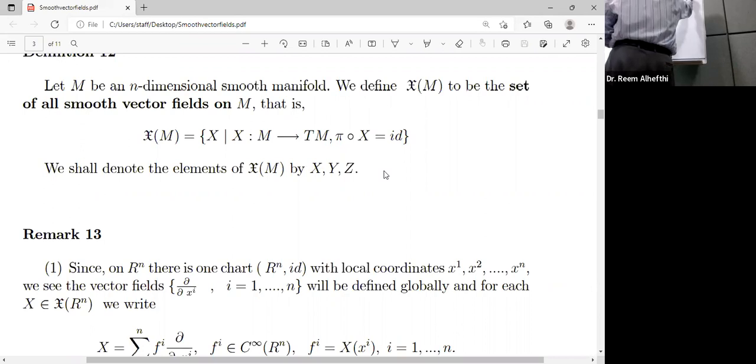This is the definition of a vector field, and it is equivalent to X as a derivation of the algebra of smooth functions, satisfying those two conditions, X of lambda F plus mu G, and derivation.